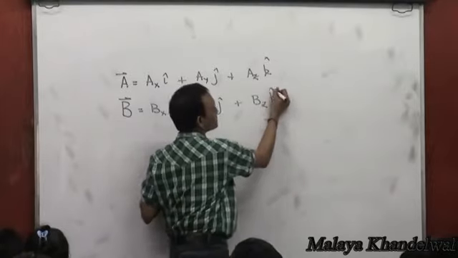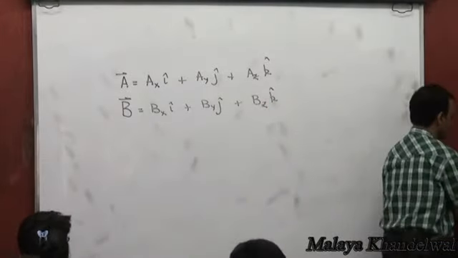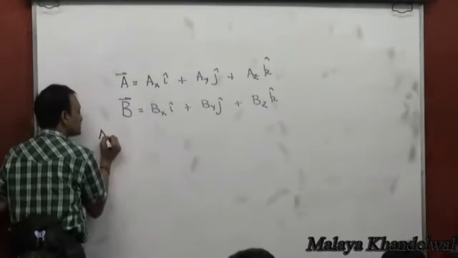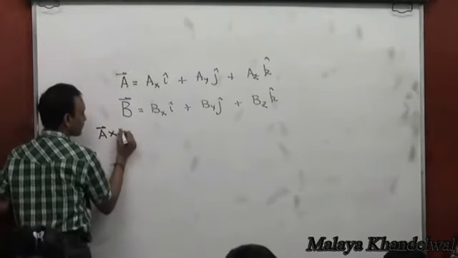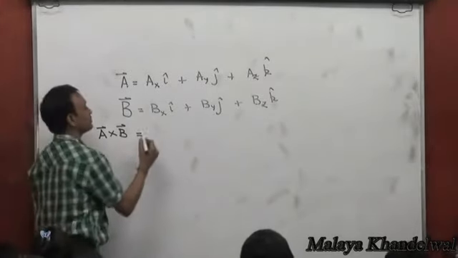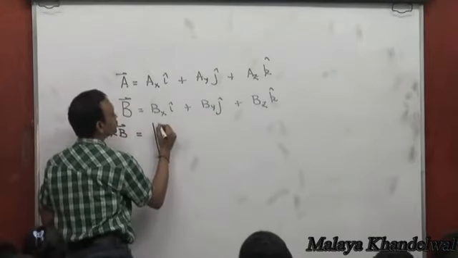Suppose these were two vectors. Then the vector C, which is A cross B, will be given by the following determinant. I want you to remember this.